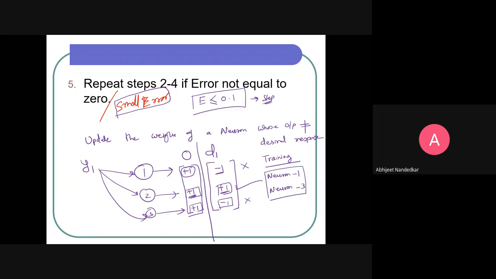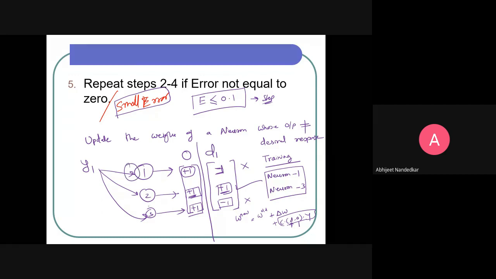Now how do you do it? You use the same formula, W new equals W old plus delta W. Delta W is C into D minus O into Y. So the desired response for neuron number 1 is -1, output is +1. So you will update the weight as per this formula for this individual neuron 1.